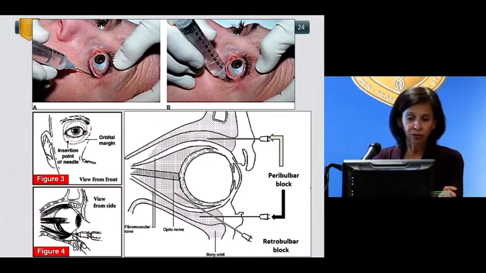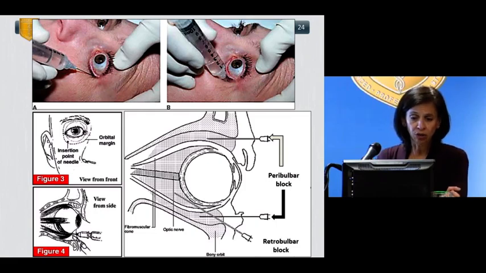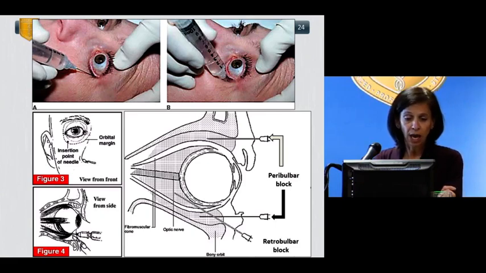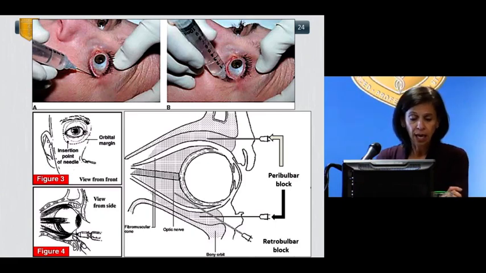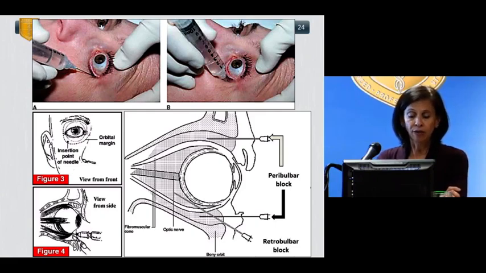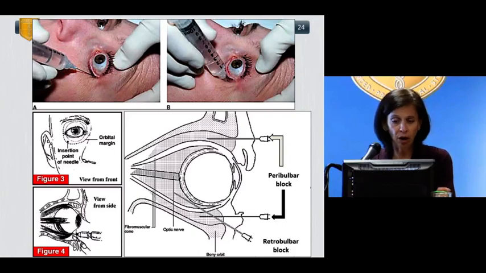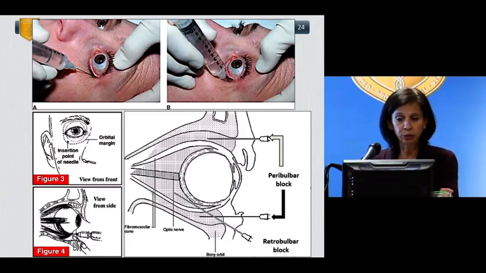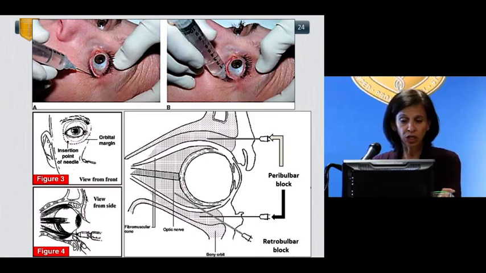So again, figure 3 is a cartoon showing you the insertion point. And figure 4, again, shows you laterally the needle coming inside the ocular muscles. On the far right bottom is the cartoon of the difference between the peribulbar and the retrobulbar. So you can see the trajectory of the needle, the angle of the needle, and the placement of the needle.